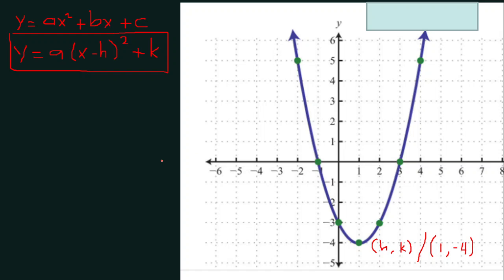Then all we need to do is to substitute this into the vertex form. But we still have some unknown variables here. We have the y, the a, and the x. So we still have these variables to solve.